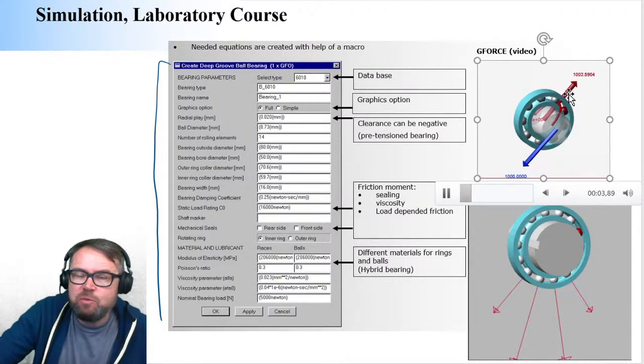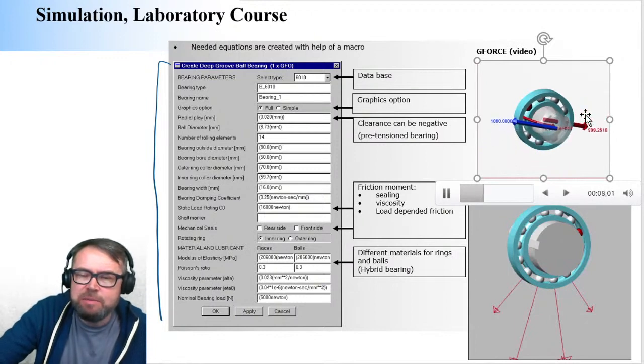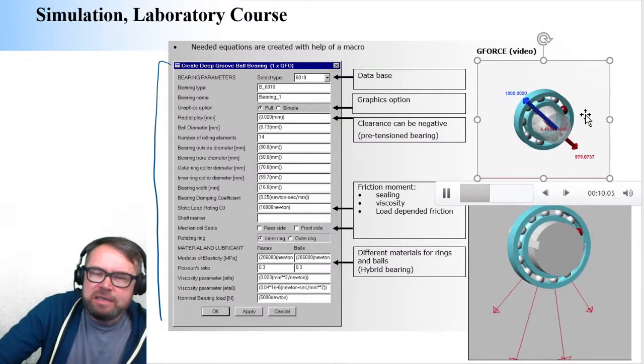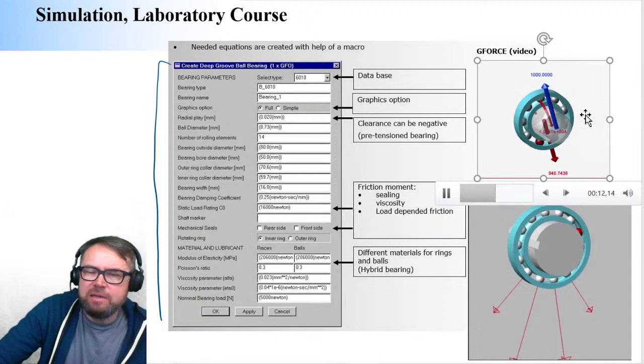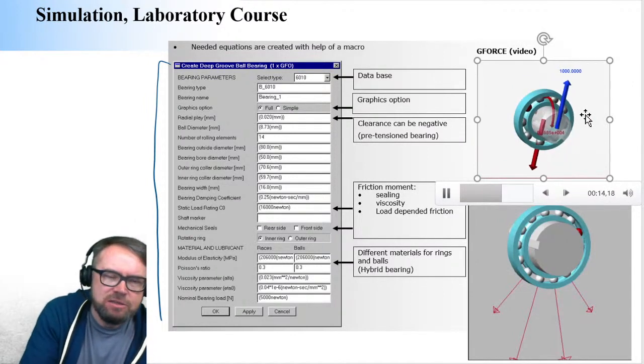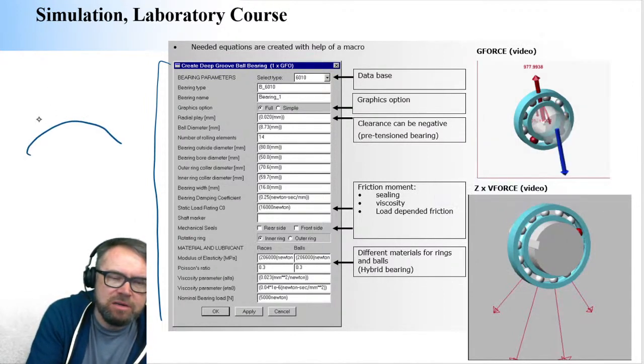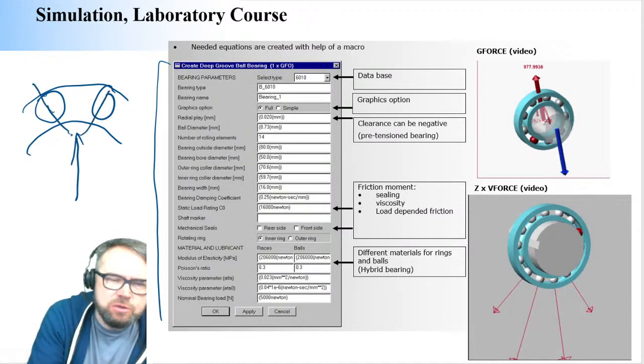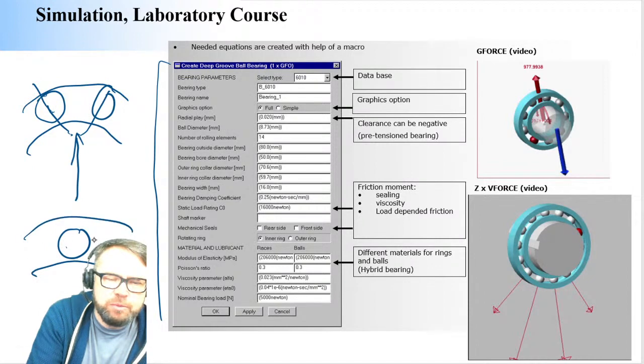You see, by the way, that the reaction force here is fluctuating all the time. This is simply because these balls will carry this system differently. When you look at the inner ring and outer ring, and when the balls are in this direction, the force traveling here has to go through this one and this one, and it's going to be a different supporting force compared to when the force is traveling directly here.